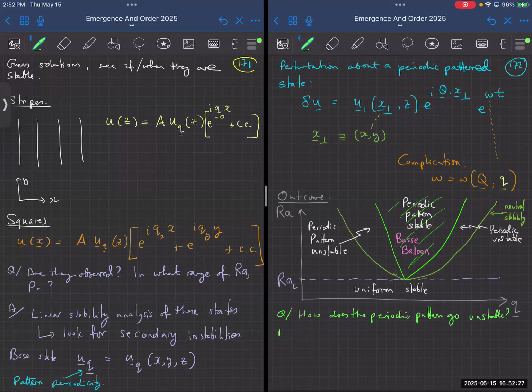So on the left side of the Busse balloon, the instability goes through a thing called the zigzag instability.